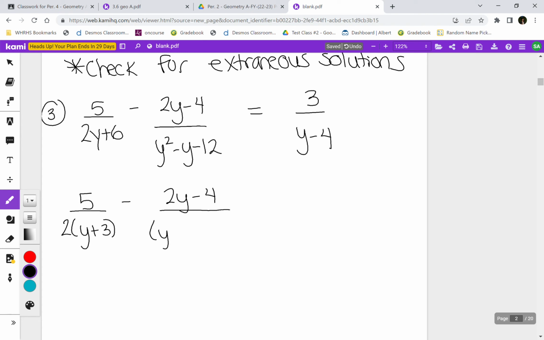Yes, this is a y minus 4 and a y plus 3. And the last one stays as it is, y minus 4. So what would we be multiplying by here? You got it. Basically, all the denominators put together, a 2, a y plus 3, and a y minus 4.